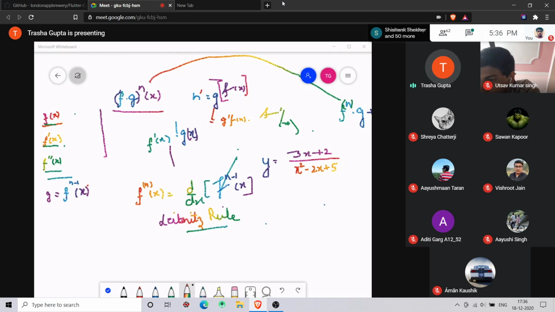You can use the Leibniz rule in finding the derivative.